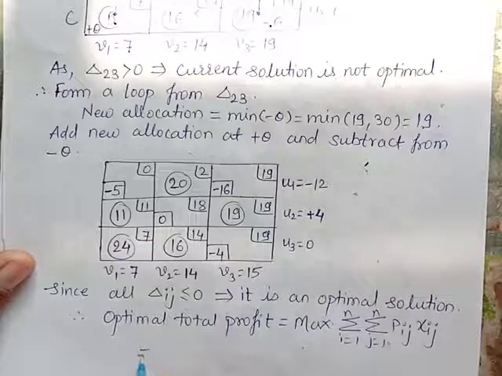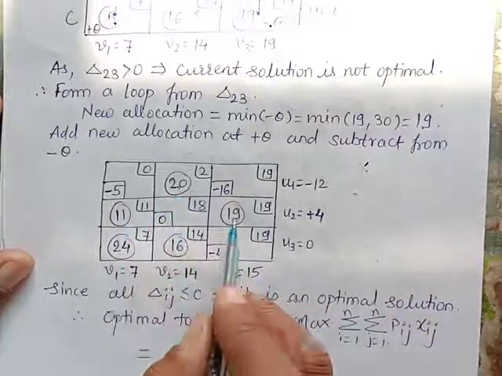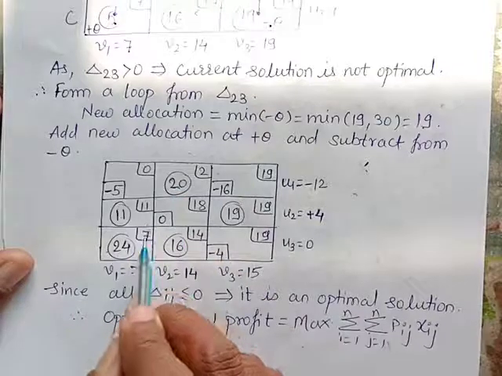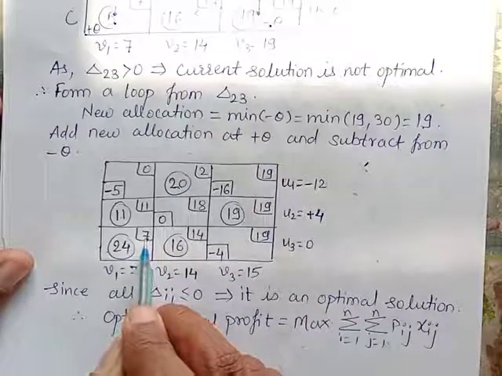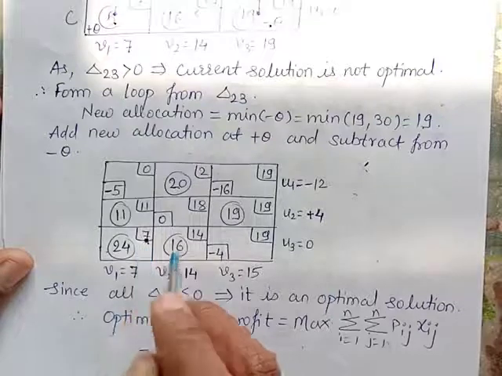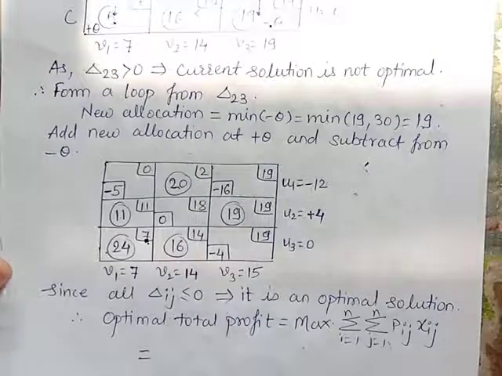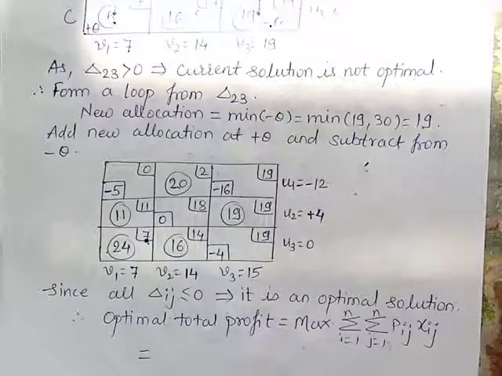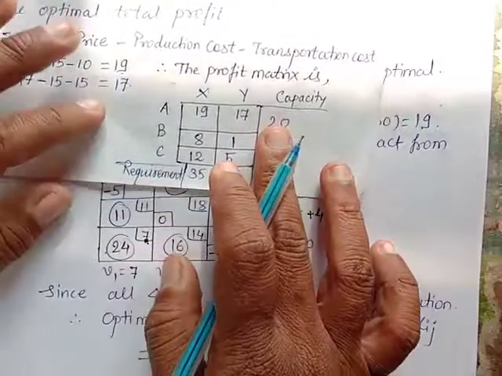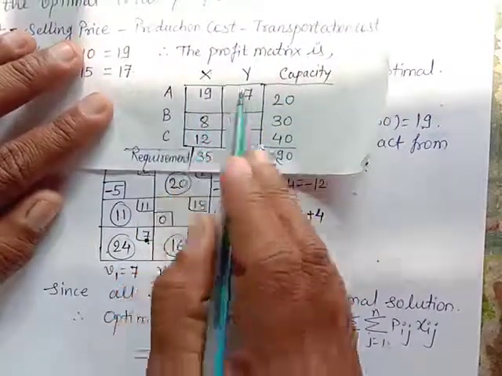Here these are xij's, the allocations, and here these are costs. Here these are losses, while we have to take profit. So for that we need to consider the profit matrix again. This is our profit matrix here.